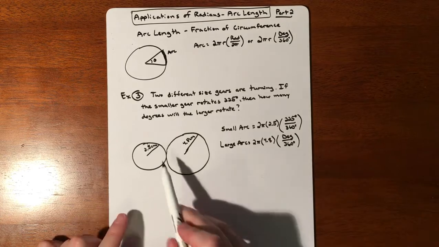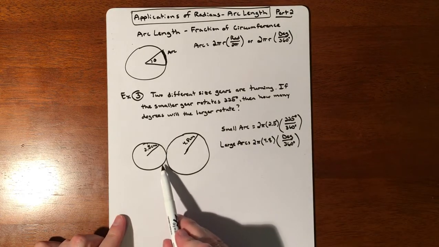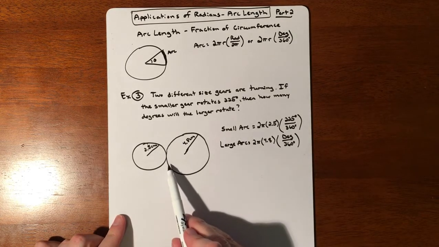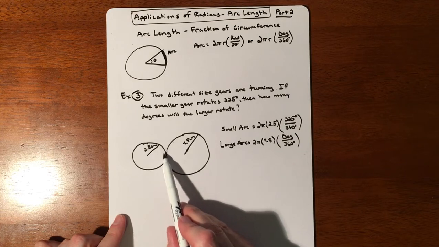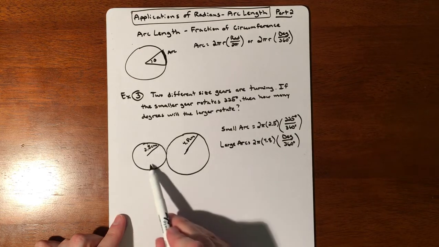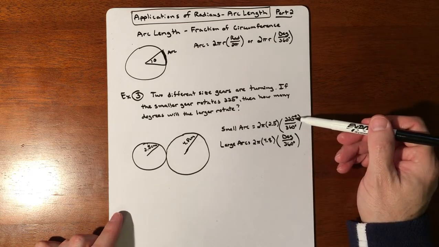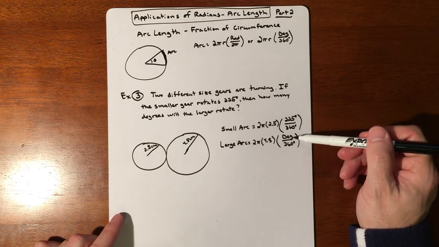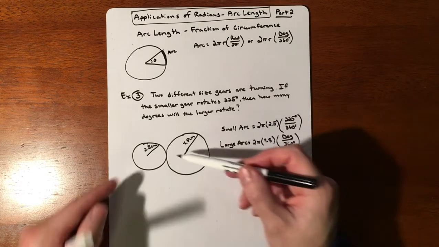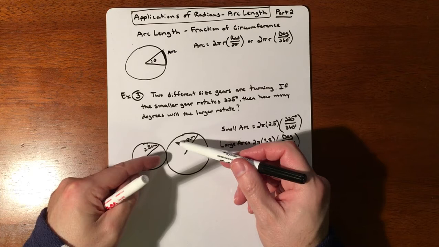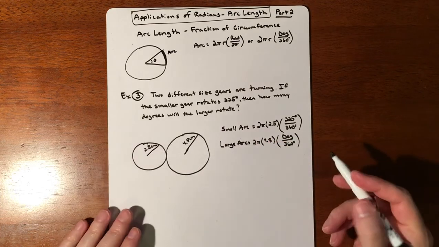So the interesting thing is, whatever distance it turns, this distance will be the same. The difference is this is going to be definitely a bigger portion of the circle than this one will be. So the degree measurement on the small gear is going to be definitely larger than the degree measurement on the large arc. But as far as the actual lengths of both of them, they have to turn exactly the same. This one just turns less.